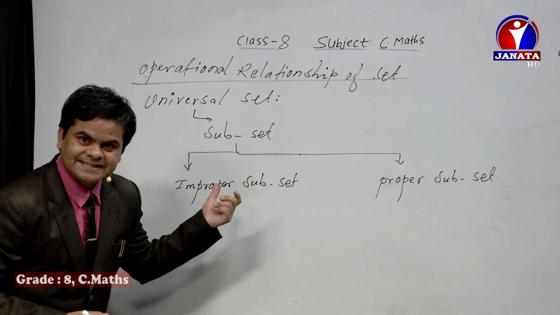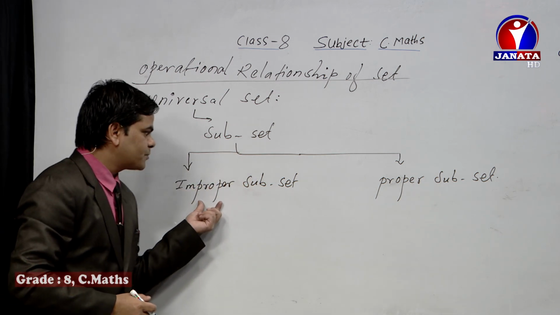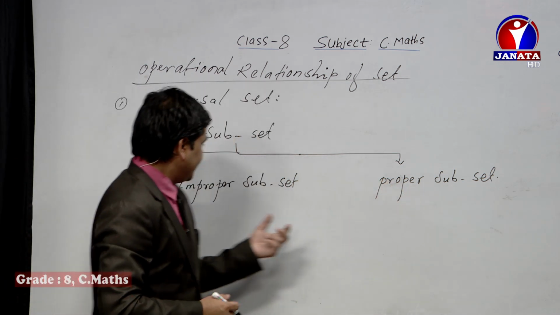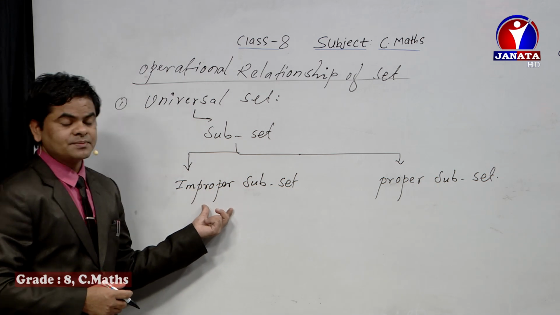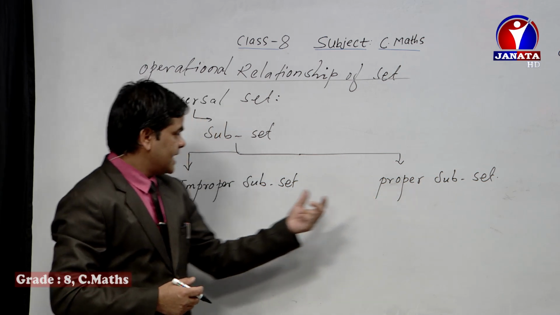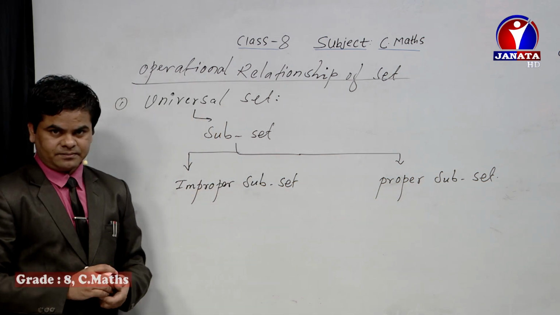Subset has two branches: improper subset and proper subset. So, in order to understand what we mean by improper subset and proper subset, I want to take an example.